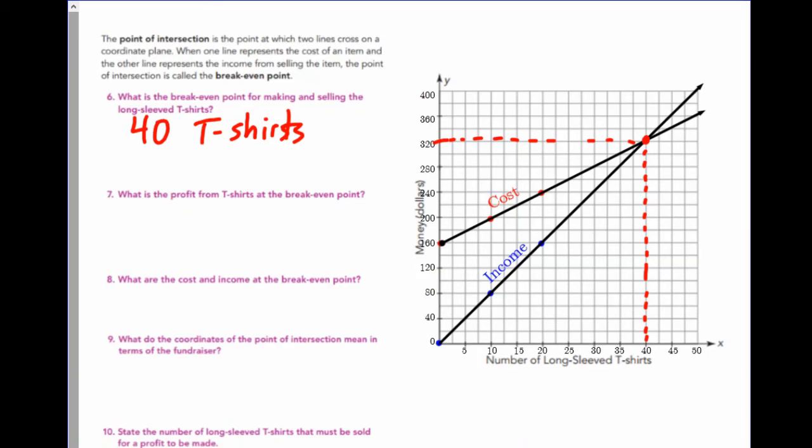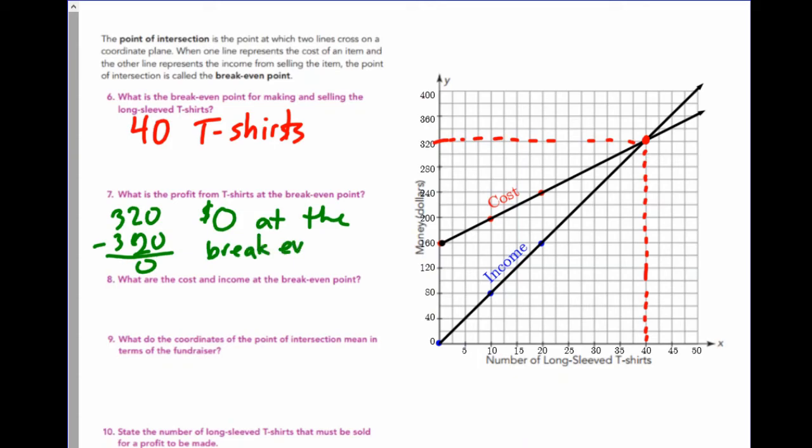So it's really, at that point, $320 minus $320, and we get 0. So how much profit have we made? $0 at the break-even point. And like I said, that's why we call it a break-even point.